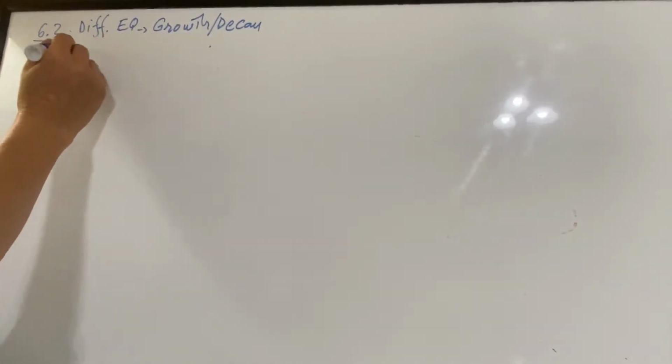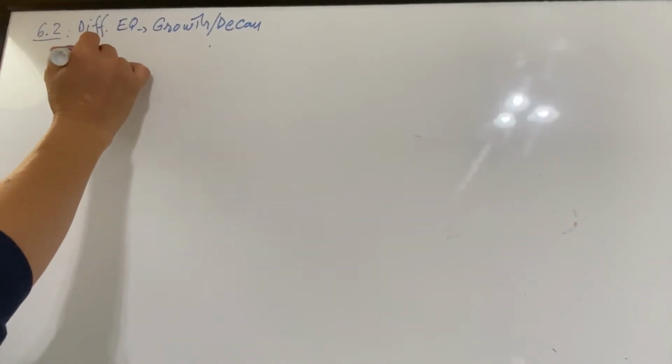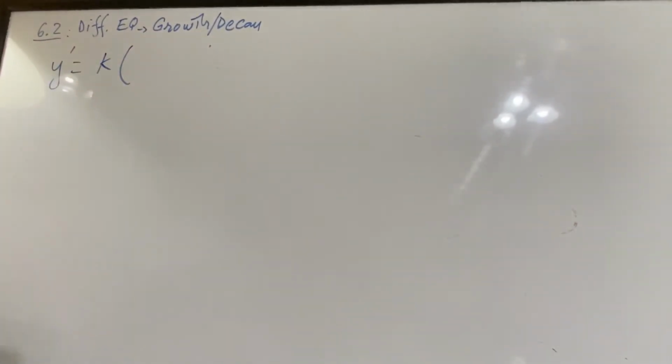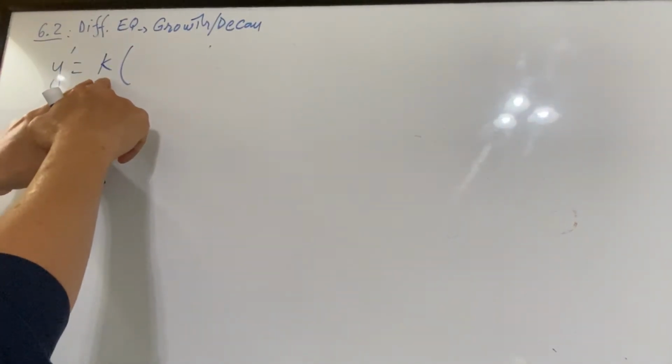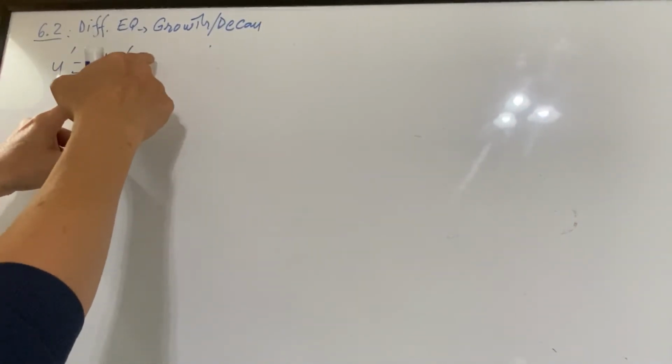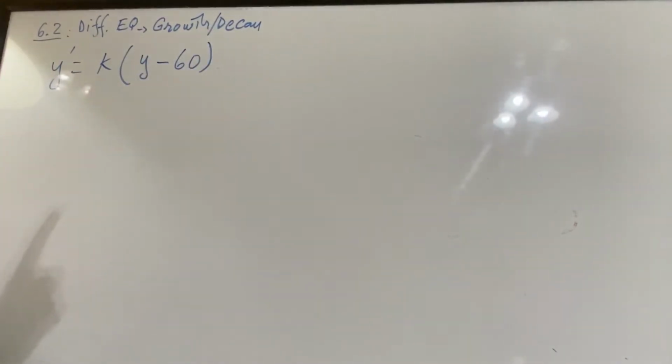So here we go, example 6. You have an object that is heated up, and the rate of change is proportional to a constant times the heated object's temperature minus the room temperature. That's the concept.